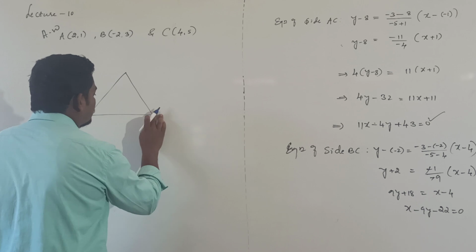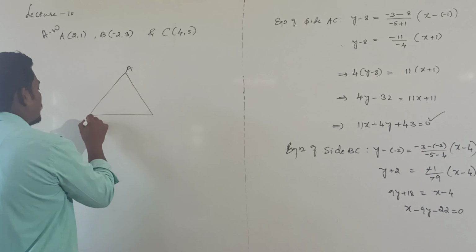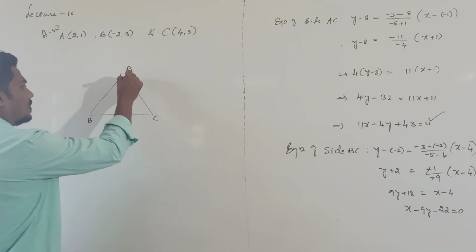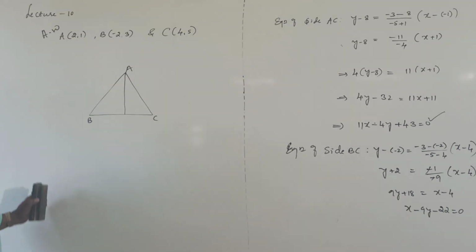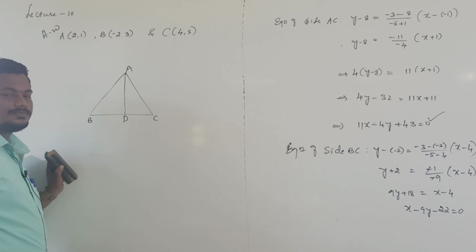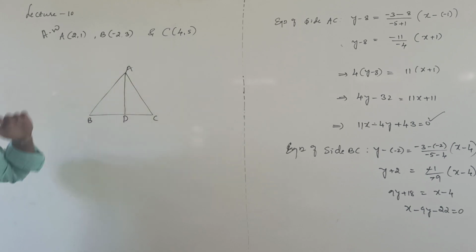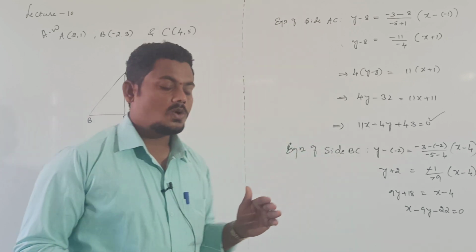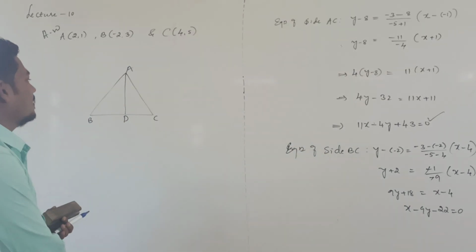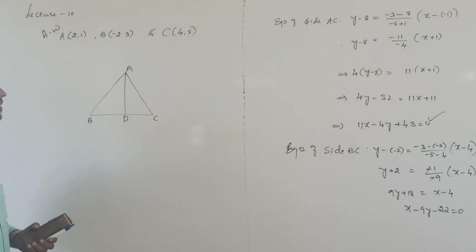Consider one triangle and it is A, B, C. I will take one line and clearly this point is D. AD is the median of this triangle through vertex A. Then I will draw one more median through vertex B, right?